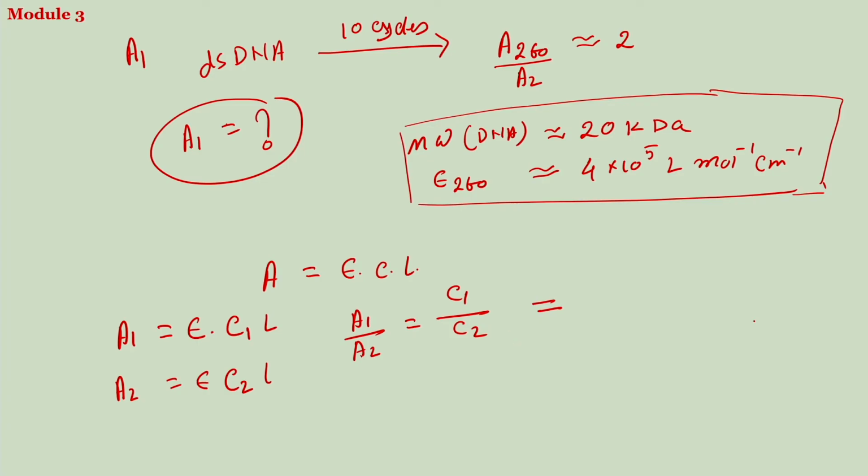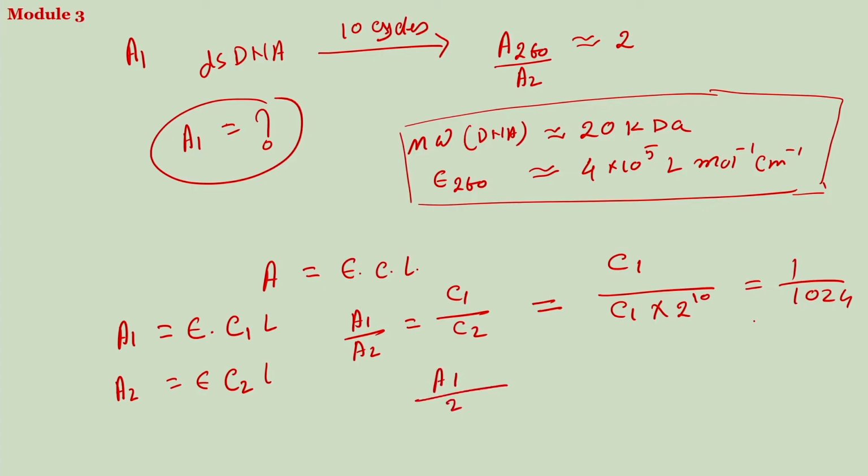So, C1 and C2, is there any relation? C1 is the concentration at the beginning. C2 has to be C1 into 2 to the power 10, or 1 by 1024. You have to calculate your A1.